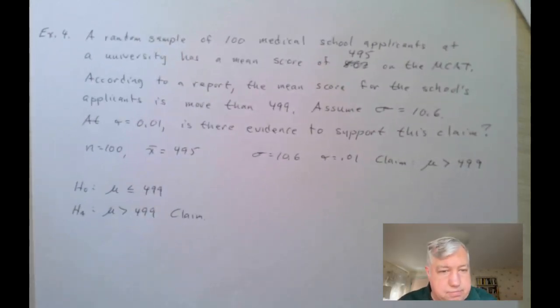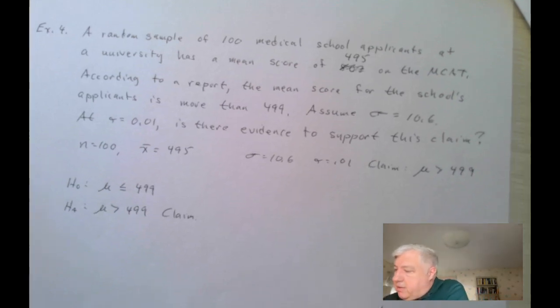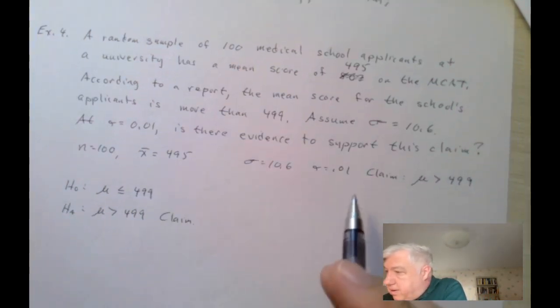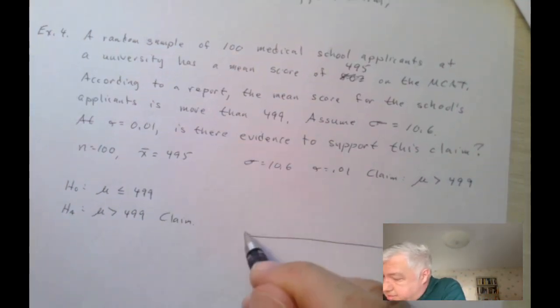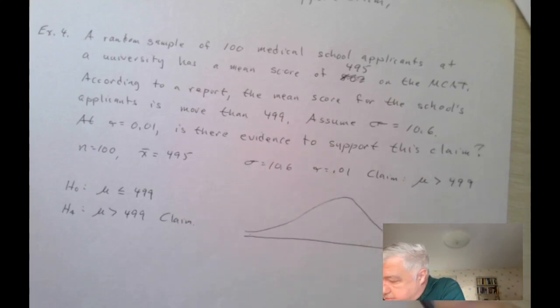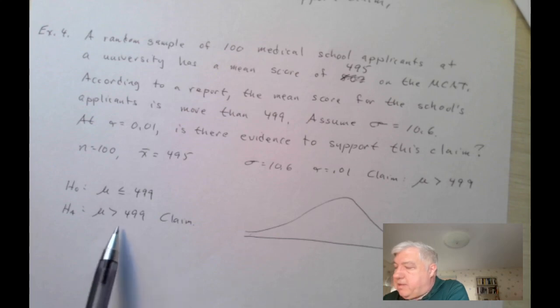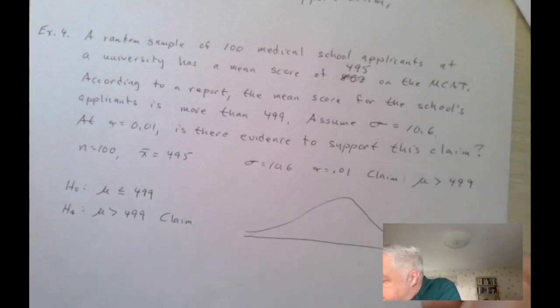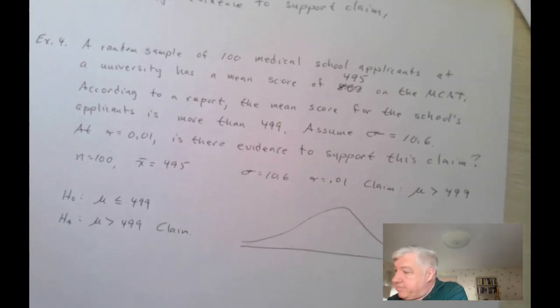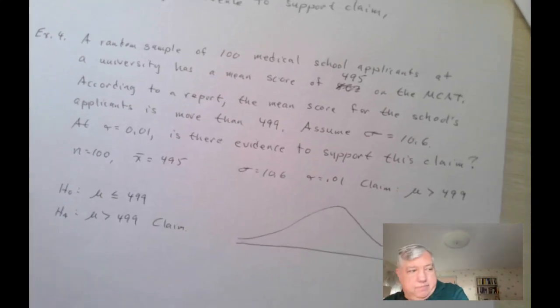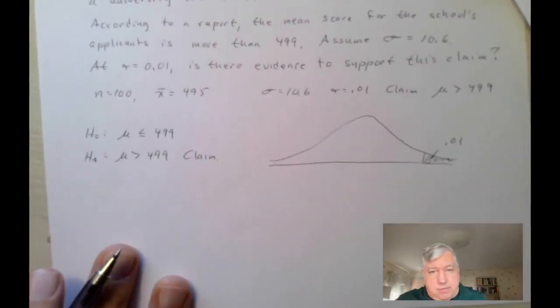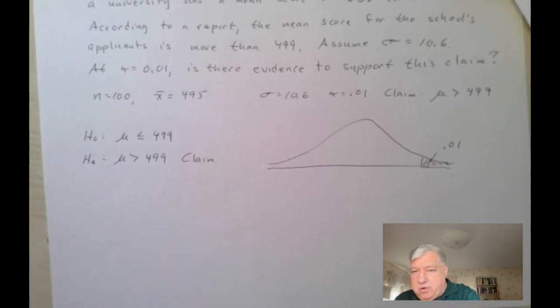And if this is true, the unlikely values would be on the right. So this is 0.01. And then we can take the inverse norm.